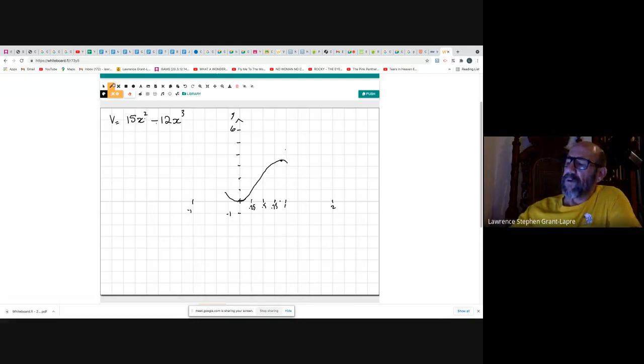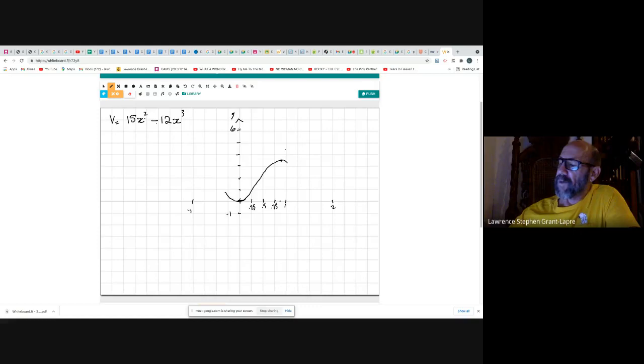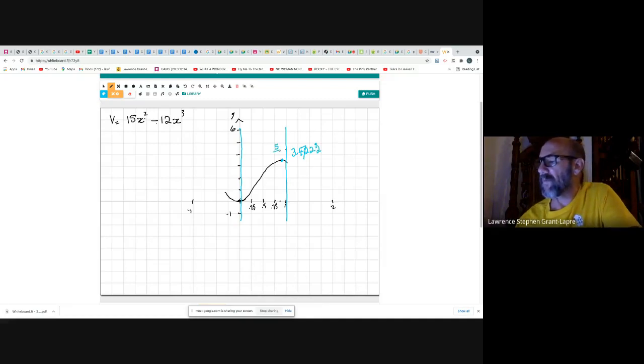And if you recall, they wanted the absolute maximum between 0 and 1, and that's the absolute maximum right there at 3.4722222, because it happens when x is 5/6.